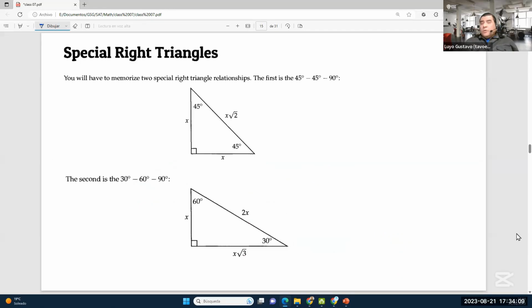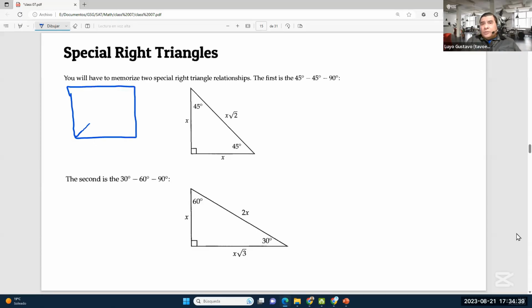Now, in questions where right triangles are involved, there are especially two triangles that have special proportions or special relationships for the lengths of their corresponding sides. We have, for example, the right triangle that can be drawn when you have a square.